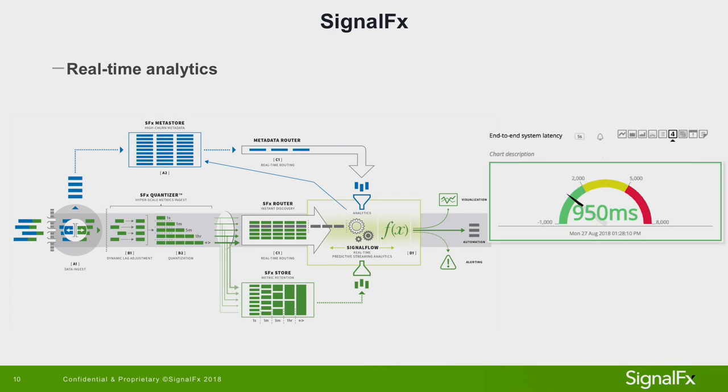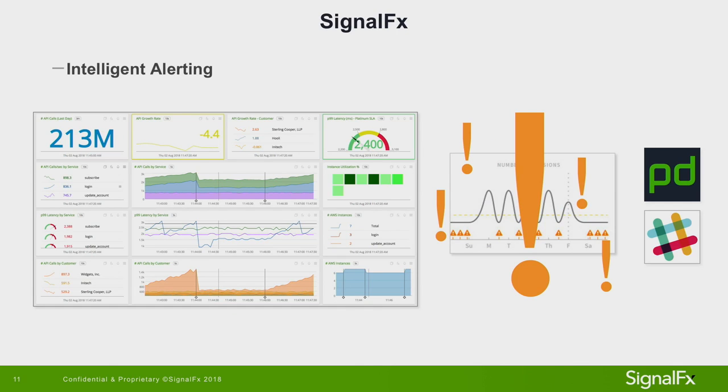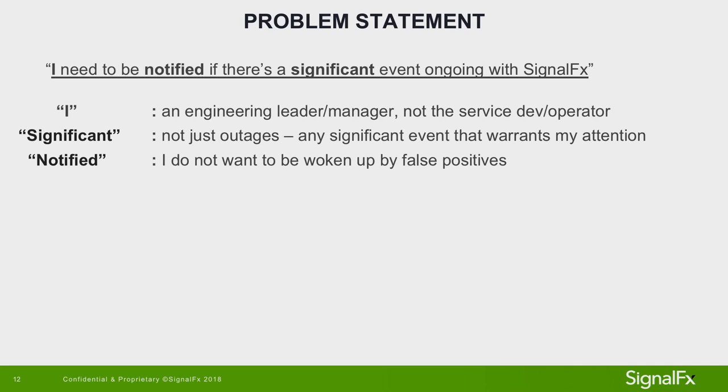We have the only streaming real-time analytics-based solution for metrics that is out there. For us, real-time means seconds. So between the arrival of a data point and your chart or alert getting updated is about 2 to 3 seconds, depending on the data. And obviously, analytics is important. We provide intelligent alerting, some of the stuff that I'm going to talk about later, to make monitoring complex environments simpler.